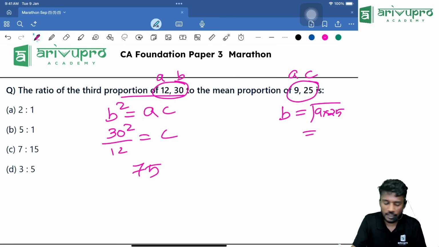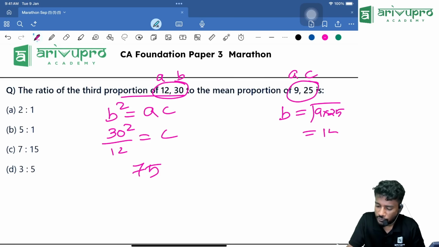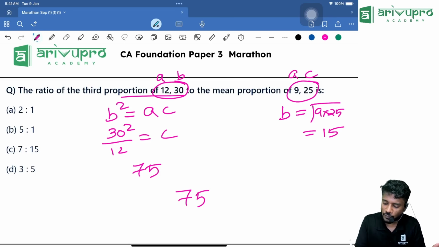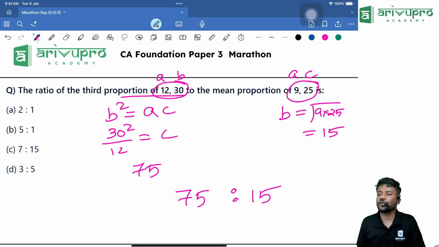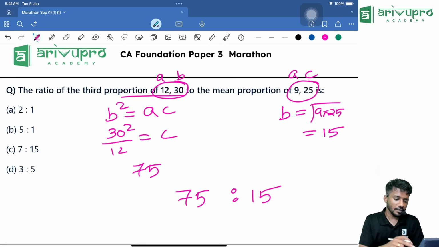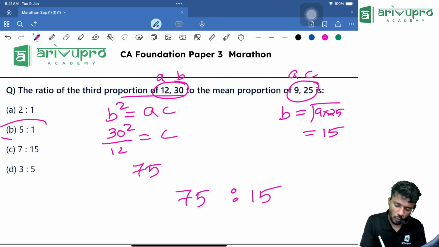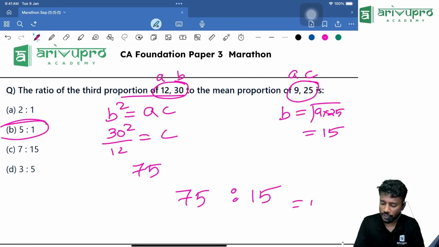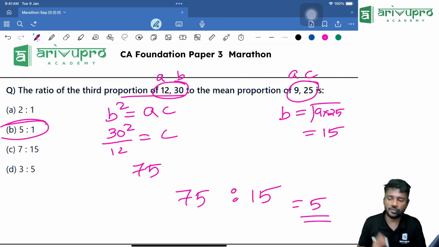B is 9 into 25, then equal to, then click root, that is 15. So what is the ratio of 75 to 15? 75 divided by 15 is 5 is to 1, which is equal to 5. Option B is giving that.